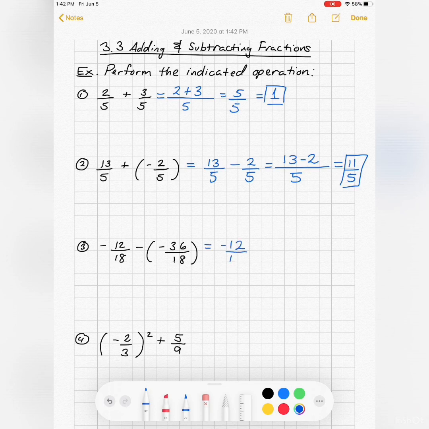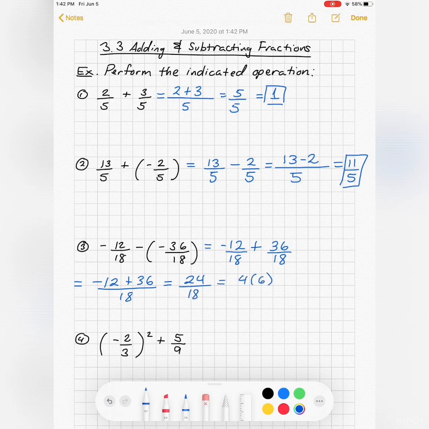Do you remember these ones with the double negative? Subtracting a negative changes to adding. Two negatives there make a positive. Okay, same denominator, just adding across the numerator. 36 minus 12 is 24.